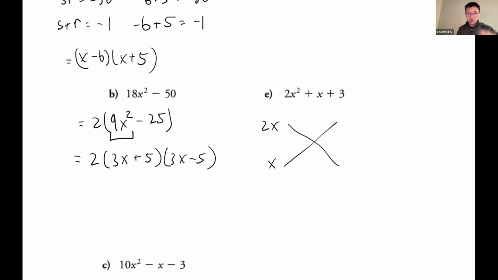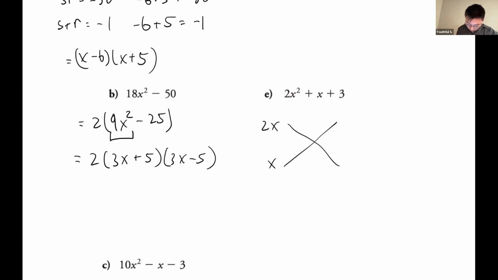The setup is just easier. You can try different values over here such that these two values multiply to 3. It's basically the same thing, but a little bit cleaner this way.